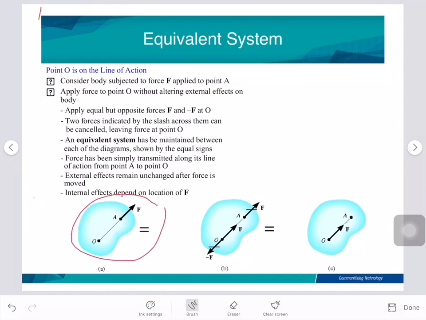So in this slide, you can see figure A. Figure A shows that the body is subjected to the force F at point A, and point O is on the line of action.